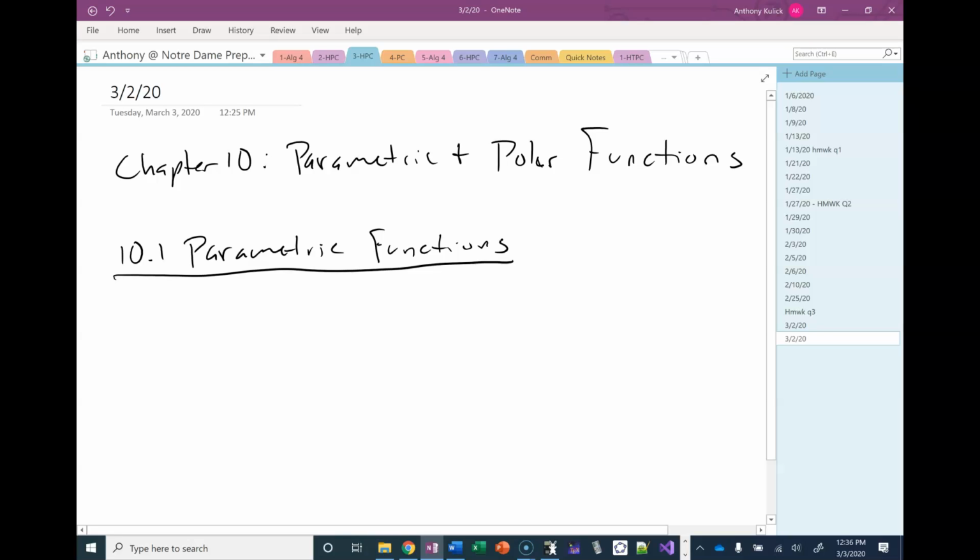So in Cartesian form, we have one equation that's like y equals, and then a bunch of stuff in terms of x, right? Where we just have constants and x's on the other side. In parametric form, we're going to have two equations, one for x and one for y, where those equations are defined in terms of a third variable called the parameter.